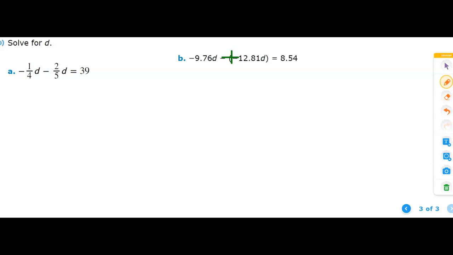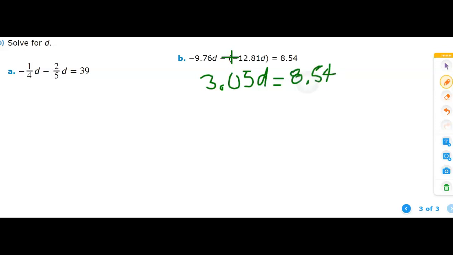Because there's a positive and a negative, we are subtracting the 9 and 76/100 from the 12 and 81/100. That will equal 3 and 5/100, and that will be positive because my 12.81 is bigger than my 9.76, and so we take the sign of the bigger number.